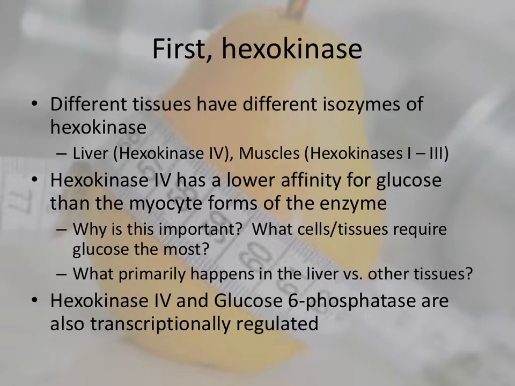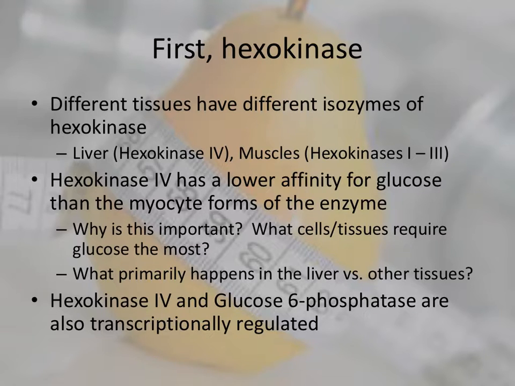Different cells or different tissues have different isozymes. This is a fancy word for form of the enzyme. There are at least four different isozymes out there. The muscles, for example, have types 1 through 3. But the liver and pancreas, by the way, have hexokinase 4. Okay?